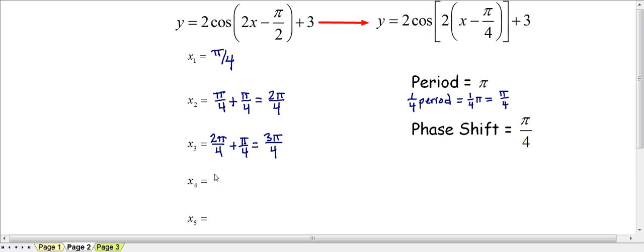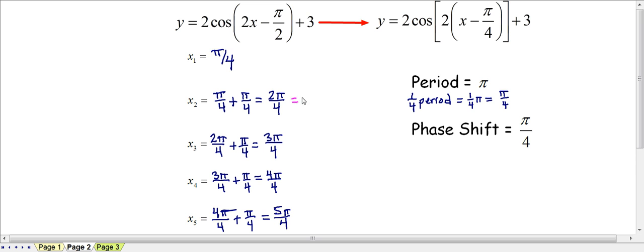So to find the fourth one, we take the 3 pi fourths, which is the third one, and we add another pi fourths, which is 4 pi fourths. The last one would be 4 pi fourths plus 1 pi fourth, which is 5 pi fourths.